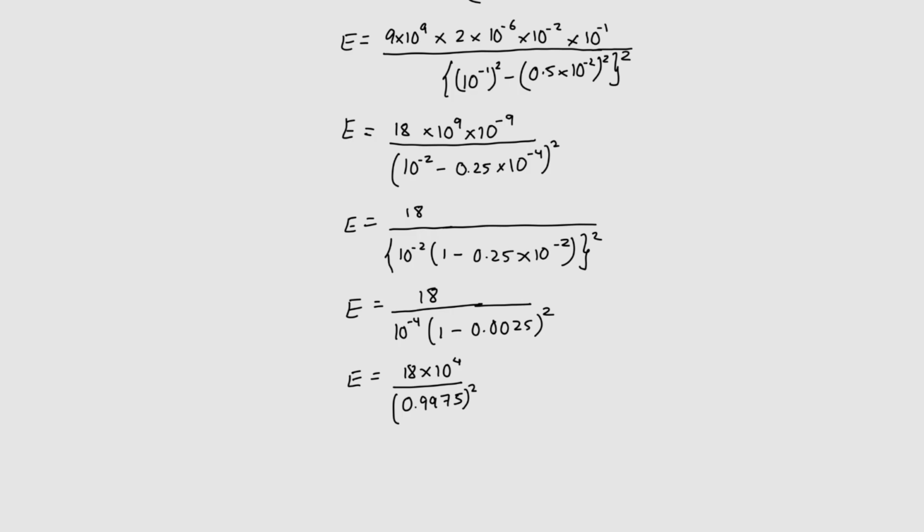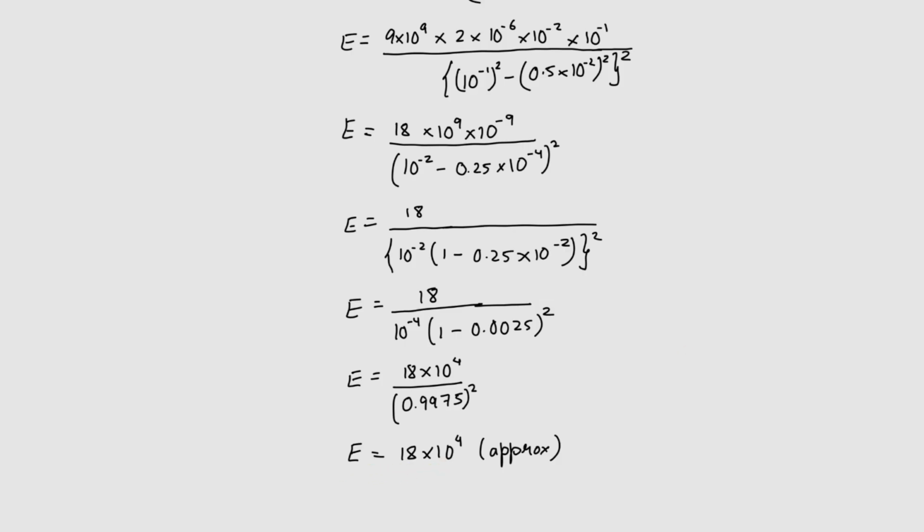So therefore, approximately, we can write E is equal to 18 into 10 to the power 4, in bracket approximately. So the answer is 18 into 10 to the power 4.